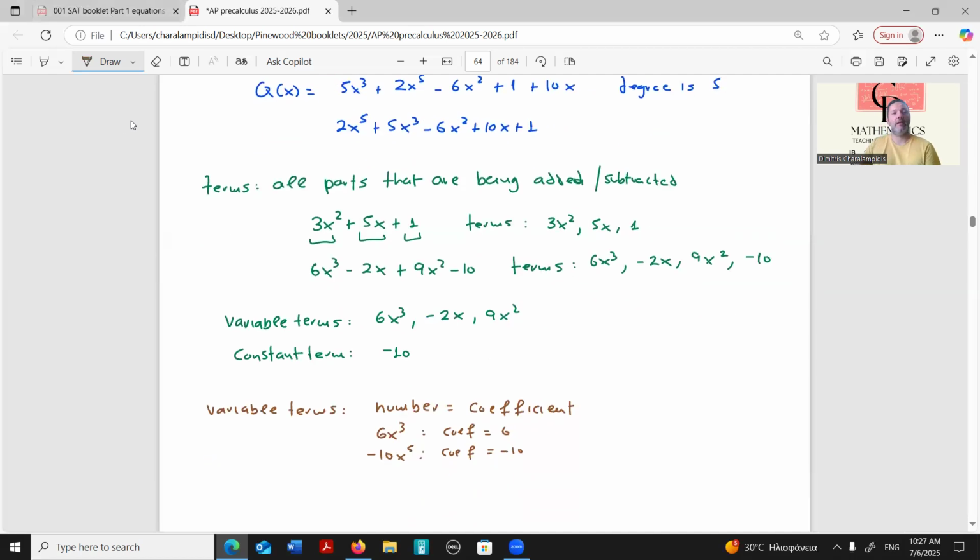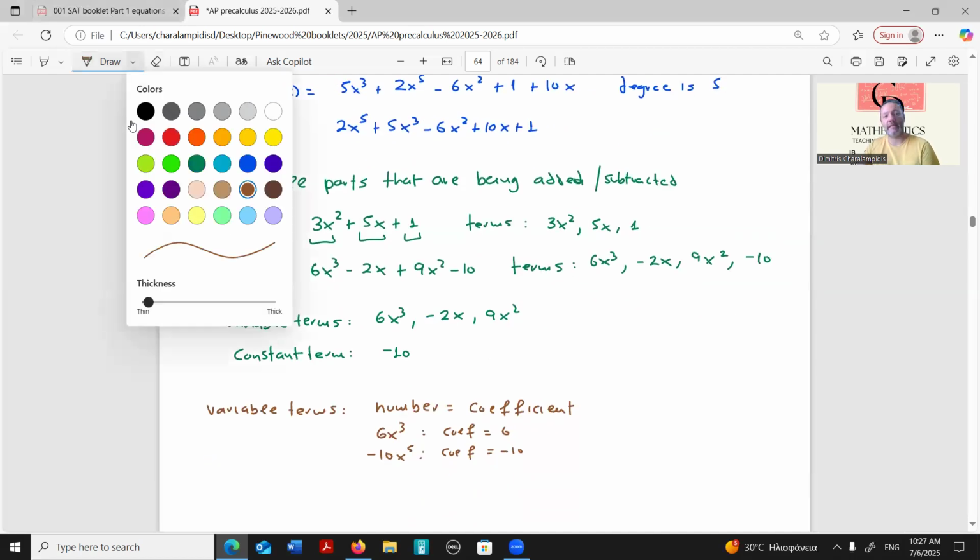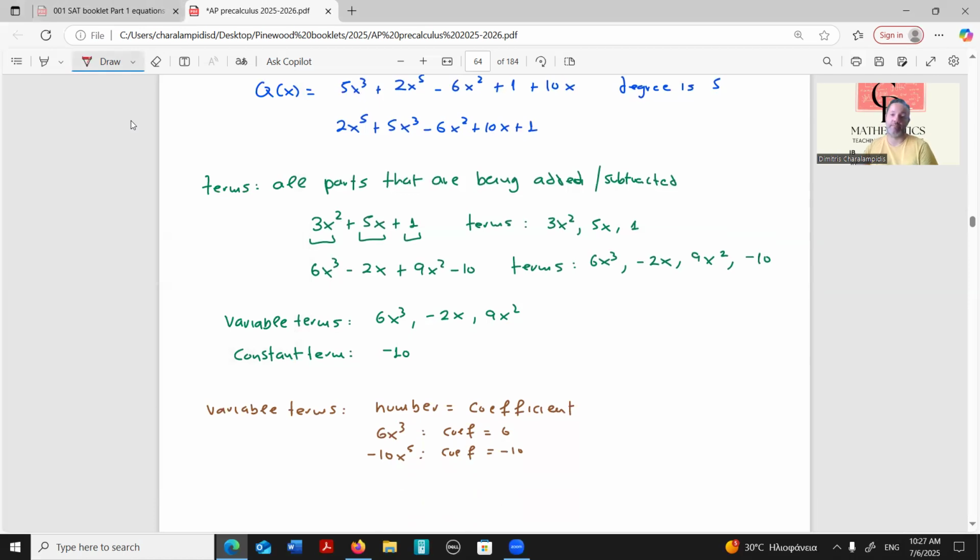And finally, let's mention what a leading term is and what a leading coefficient is. The term with the greatest power is called leading term. For example, in the previous cases, the 3x squared would have been the leading term, the 6x cubed would have been the leading term.